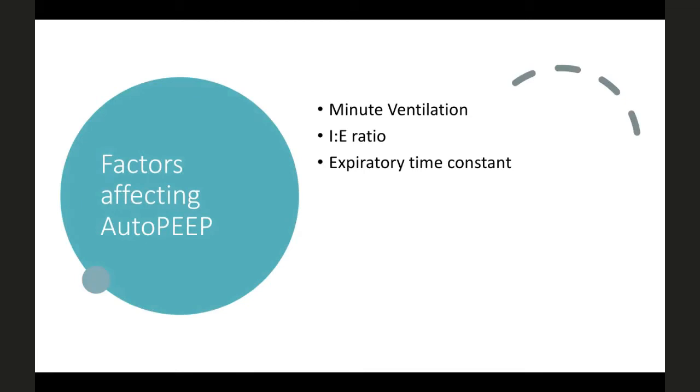What are the factors affecting intrinsic PEEP? It will be minute ventilation, IE ratio, expiratory time constant. Again, I request my junior friends and residents to watch this explanation very carefully. You would think that if you want to wash out CO2, you increase the minute ventilation. That's what the majority of people do.